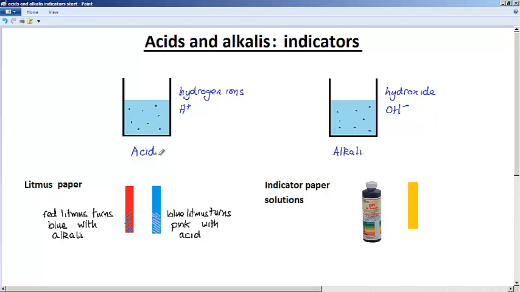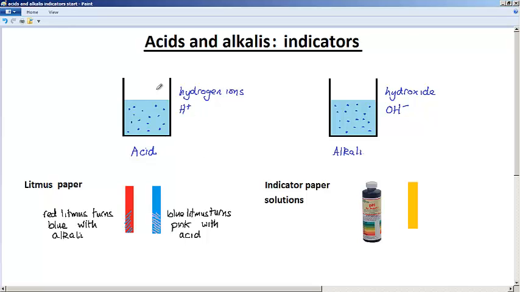Let's just go back to our acid and alkali solutions, and you can see we've got the acid with the hydrogen ions present. As I increase the number of hydrogen ions in the solution, the strength of the acid increases. Likewise, as I increase the number of hydroxide ions in the alkali solution, the strength of the alkali increases, and vice versa.